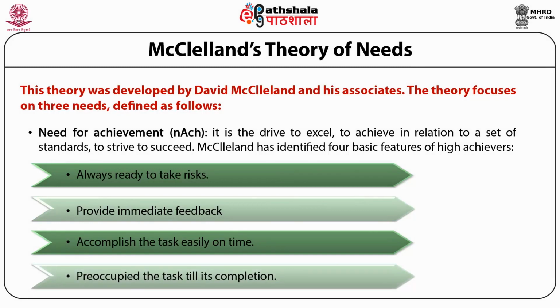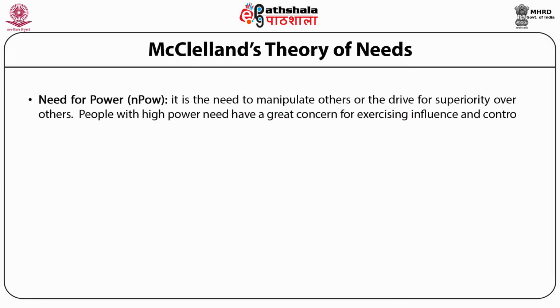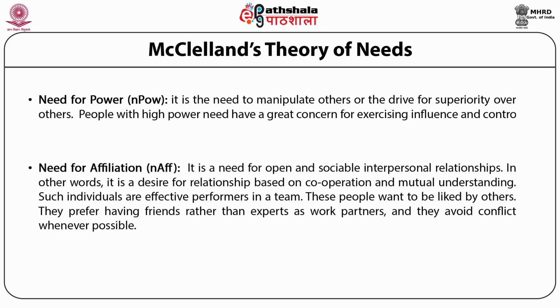Need for power. It is the need to manipulate others or the drive for superiority over others. People with high power need have a great concern for exercising influence and control. Need for affiliation. It is the need for open and sociable interpersonal relationships.